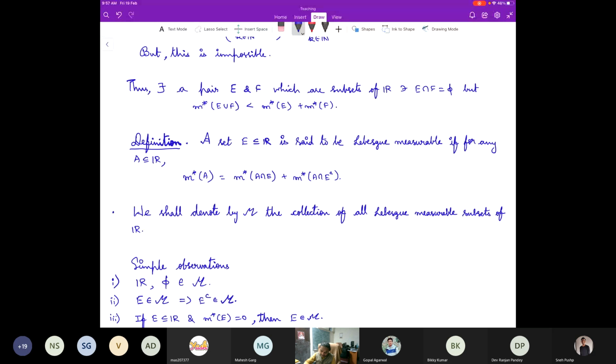You get a pair of subsets such that they are disjoint and there is a strict inequality. If every subset is Lebesgue measurable, then you are supposed to have equality, but that's not the case. Even if one of them is Lebesgue measurable, then you are done. But that is not the case. There are subsets which are not Lebesgue measurable.